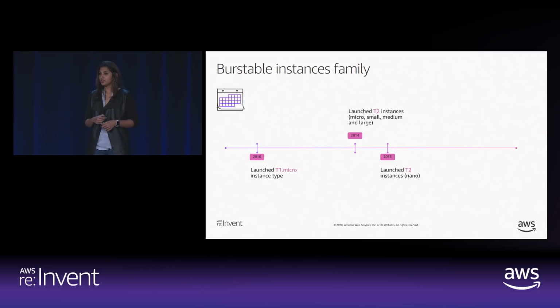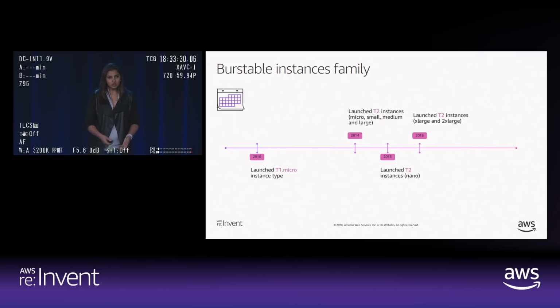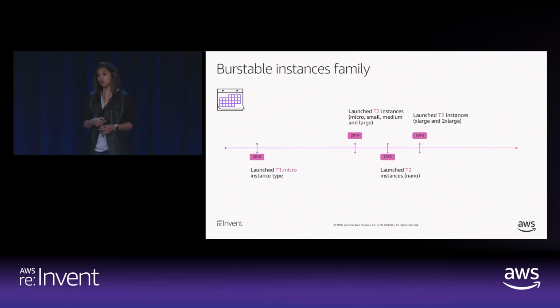As customers kept using it, you asked for more sizes on both sides of the spectrum. So there was a nano size that we launched in 2015, and then we launched the extra large and 2 extra large sizes in 2016. As customers started using Burstable instances for the majority of their general purpose workloads, we started to see some rough edges and pain points.